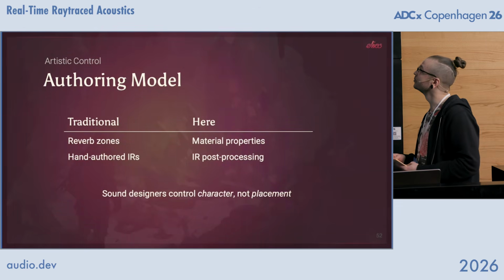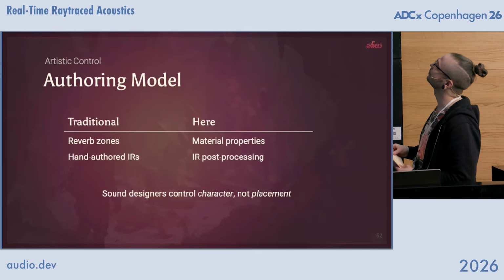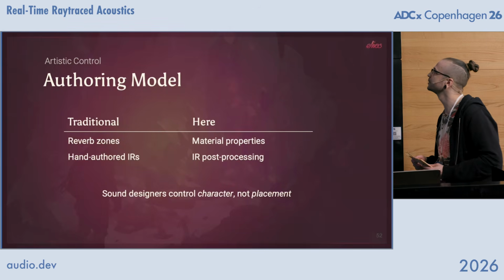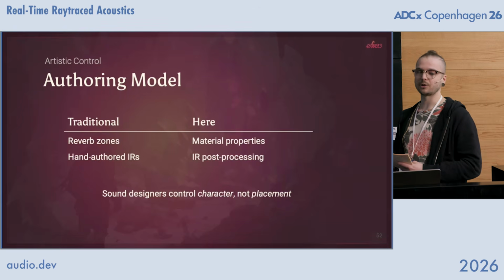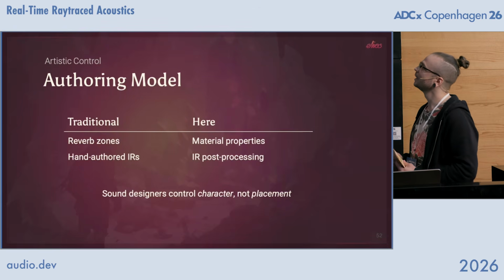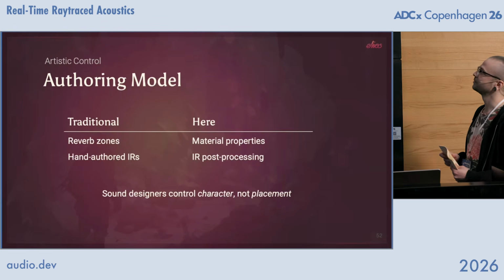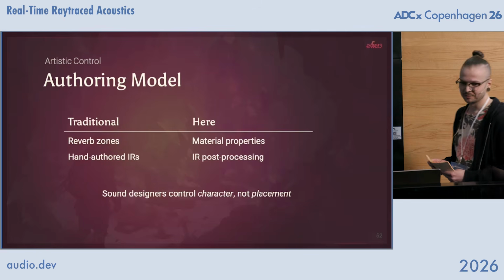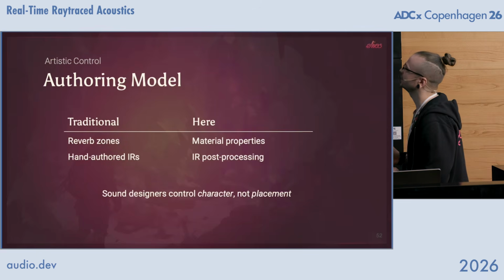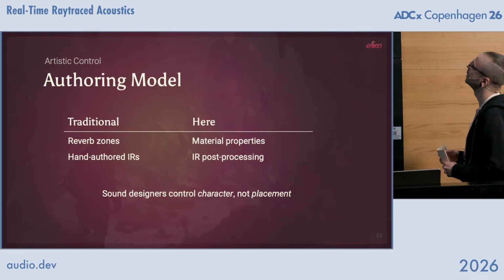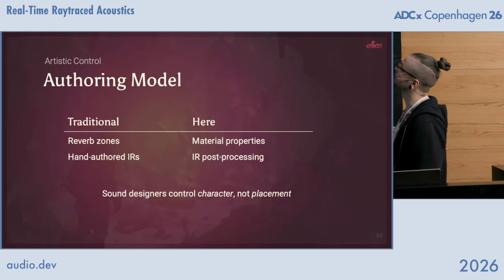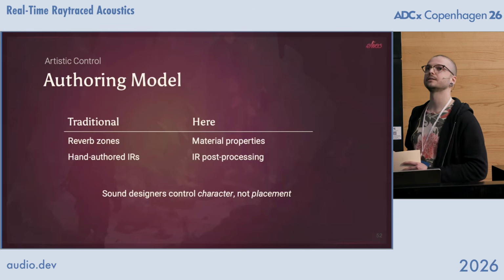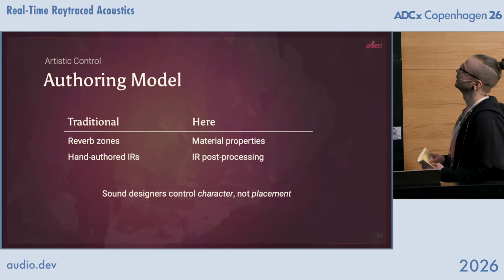Okay, so what does this look like from an authoring and sound design perspective? Instead of having to draw reverb zones or hand author impulse responses in advance, the idea is that you would tweak the acoustics using material properties, things like frequency-dependent absorption and scattering parameters.